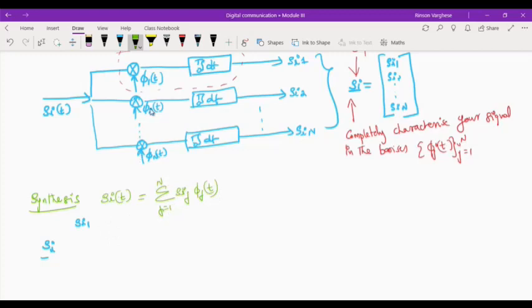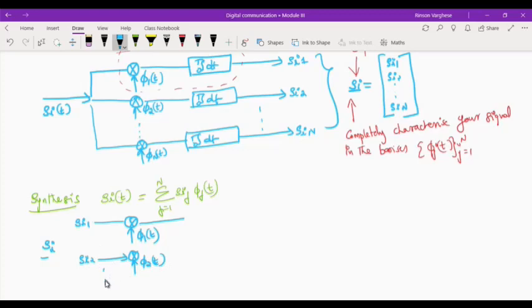To implement this equation, I take the first member of the signal vector and multiply it with the first basis phi_1(t), and take the second member, s_i2, and multiply with the second basis phi_2(t).